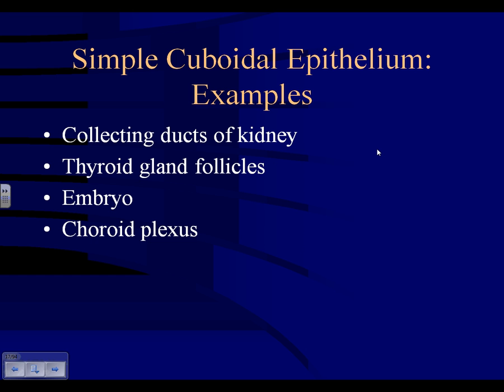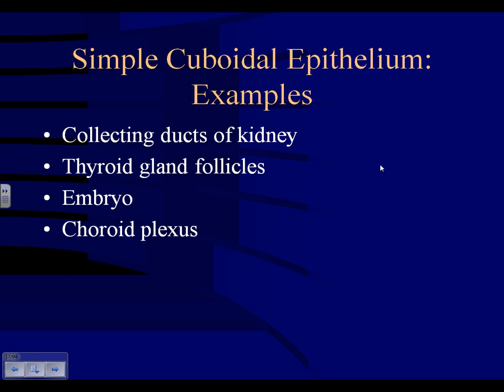All right, simple cuboidal epithelium. So cuboidal, what's a cube? It's a little box, right? So we'd expect it to be little boxes, and that's exactly what it is. Some examples are collecting ducts of the kidney, the thyroid gland, which as cytologists we become very, very familiar with because thyroid FNA is one of our major specimens. In the embryo, you see this often.